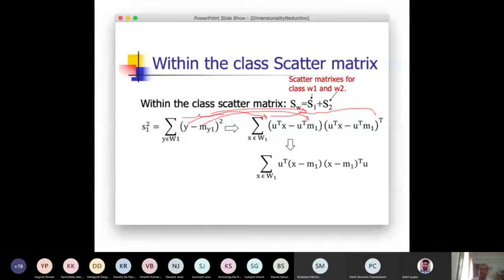Is it clear? See, it is a linear operation. You take U transpose outside, it is U transpose into x minus m1. So this one is expanded and this one is expanded. Are you sure? Any doubt?